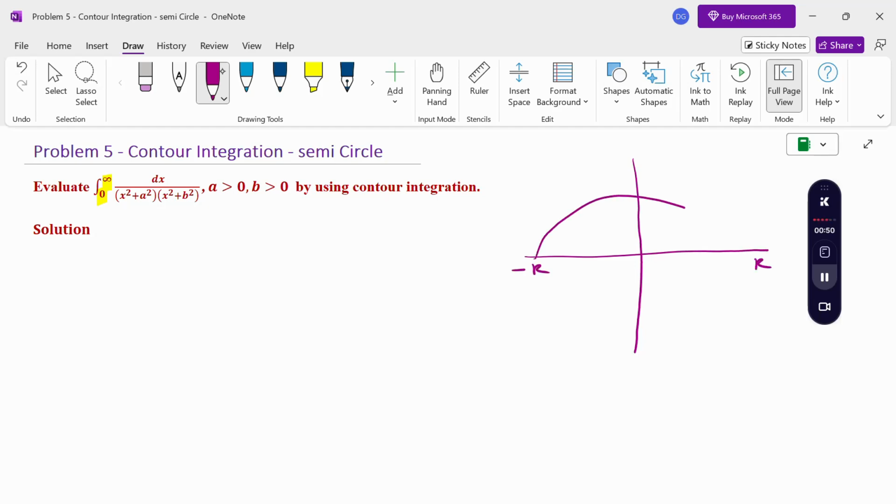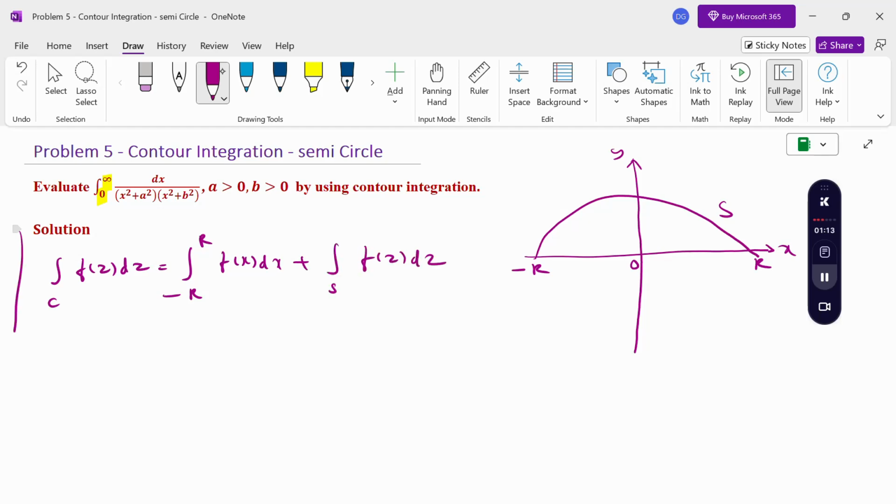This semicircle is S. So the integral over C of f of z dz equals the integral from minus r to r of f of x dx plus the integral over the semicircle S of f of z dz, to apply this condition.